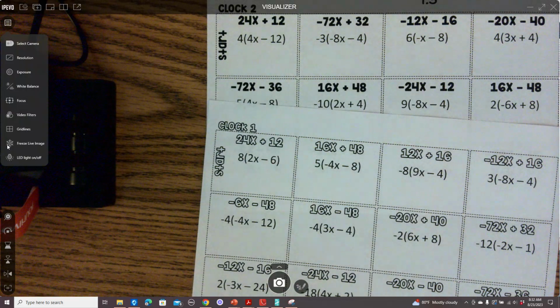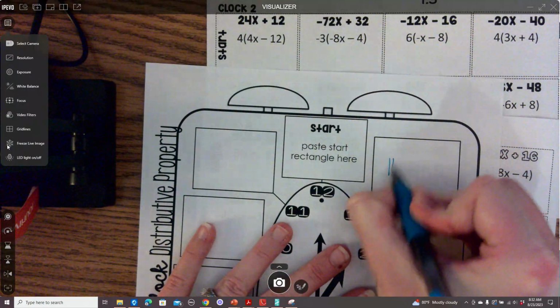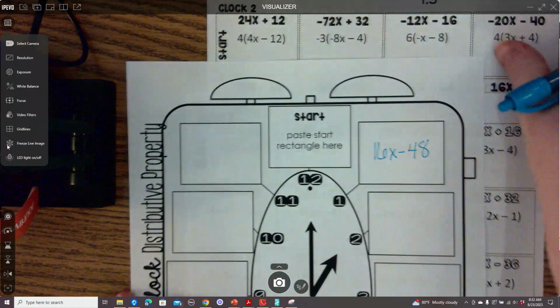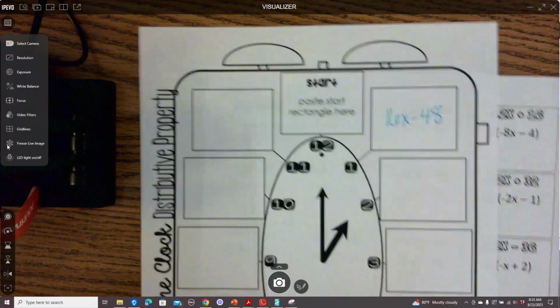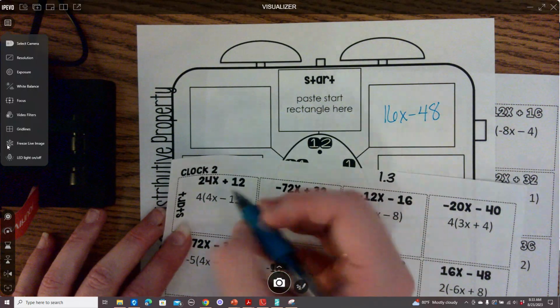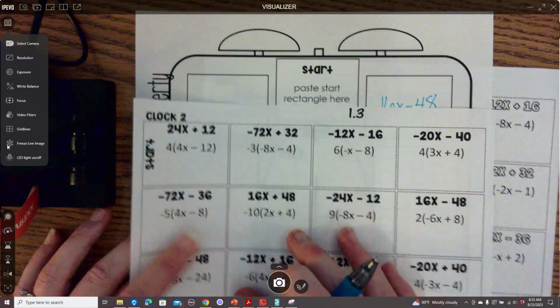And so clock 2, we would write the exact same answer. Now you have to go in order though. So I'm sticking with clock 2, so if you have a clock 1, ignore me for now. That's one of these bold answers. So I've already done this one, so I'm not going to use that one again.